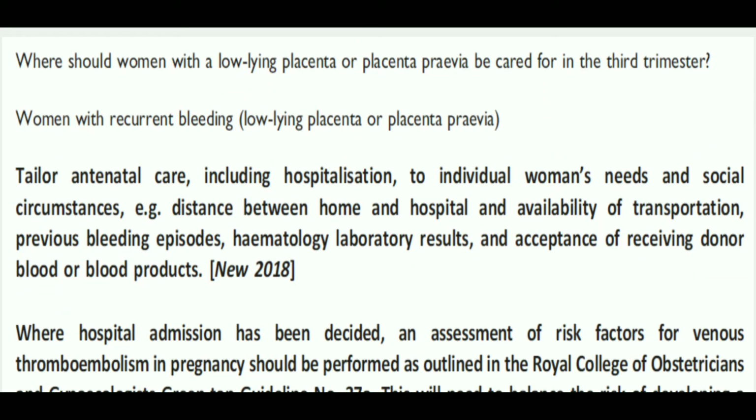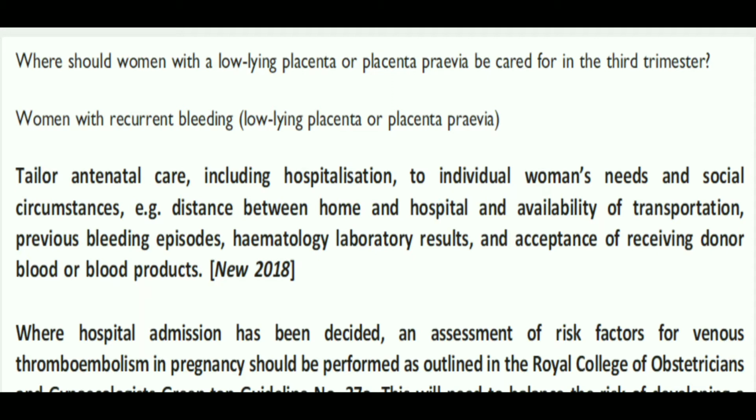Now coming to the point: where should the woman with the low-lying placenta or placenta previa be cared for in the third trimester? So where should we do care of these women? It's written in the middle part of that appendix 2. The first were those of asymptomatic women.